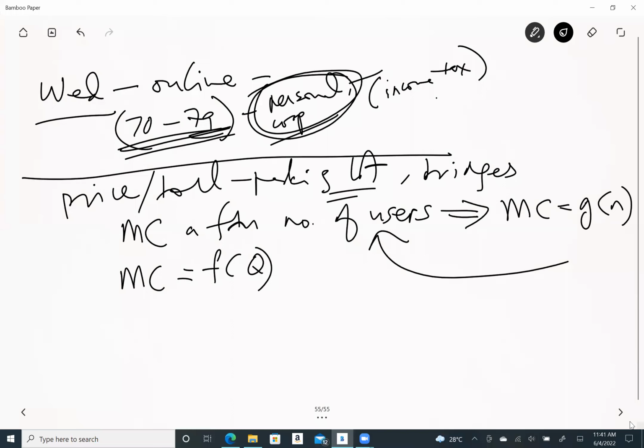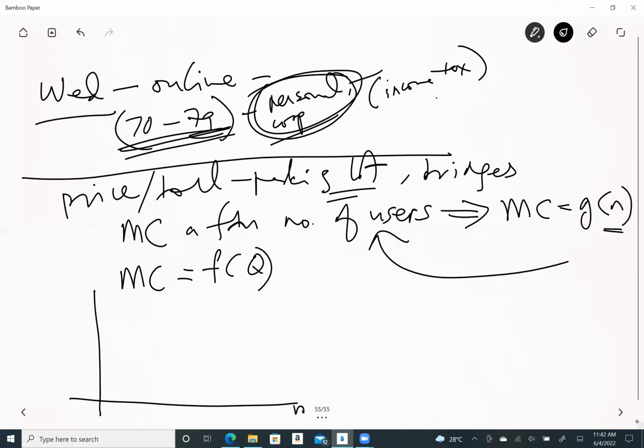All right. So now we are looking at marginal cost as a function of the number of users, because it's a public good. Everybody can use the same quantity. So the marginal cost as a function of n, how does it look like? It will be just equal to 0.